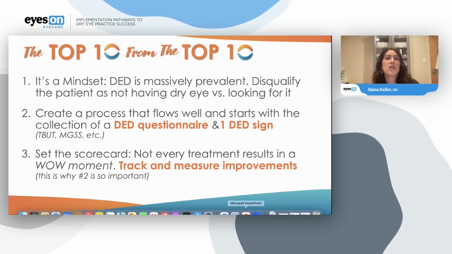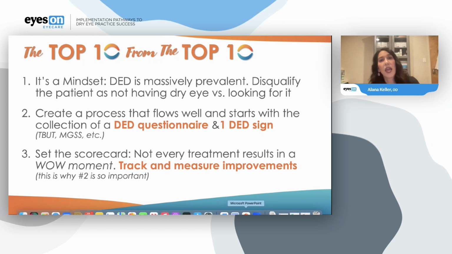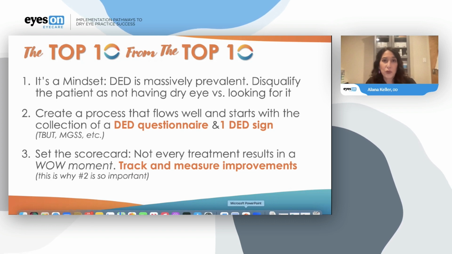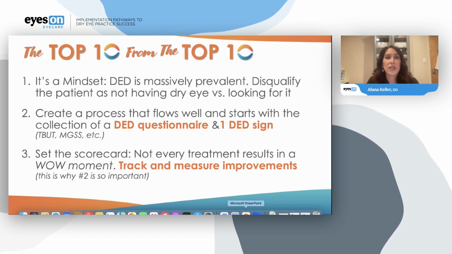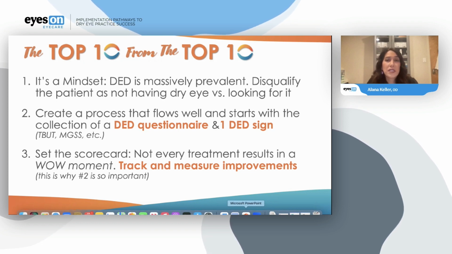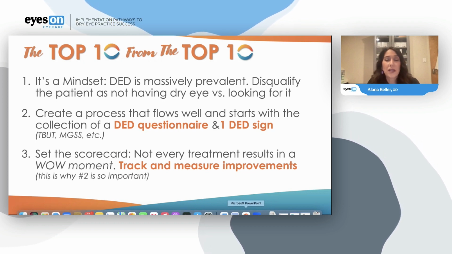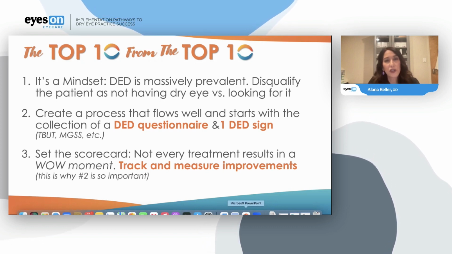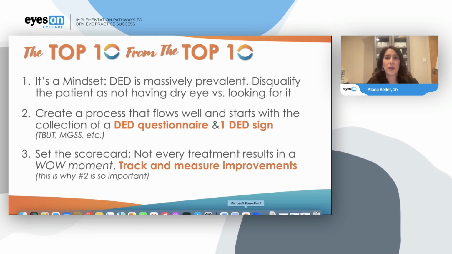I'll say something like, hey, when I'm expressing, it's a lot easier, so I know the function of the glands is improving. Or I'll talk about how the oils are a lot clearer, or even say that the SPEED questionnaire has improved by 50%, because that reinforces the success of the TearCare treatment and it impacts how the patients view it.